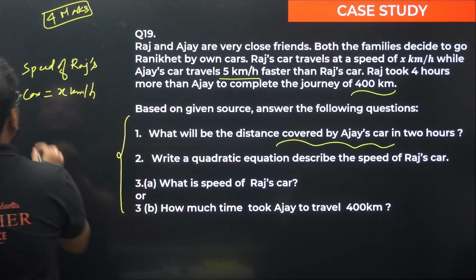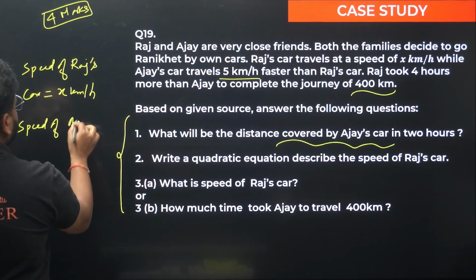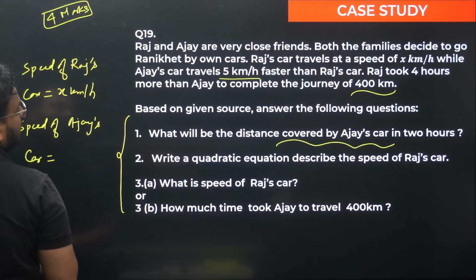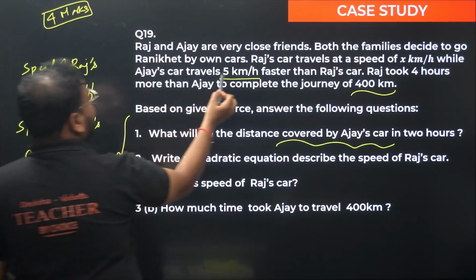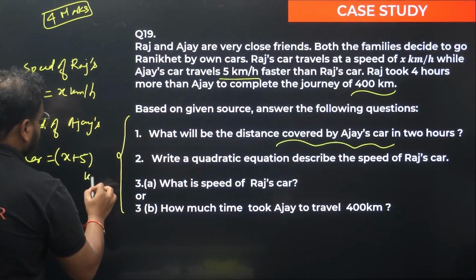Then speed of Ajay's car. Please check. Ajay's car will become what? x plus 5, because Ajay's car is 5 km per hour faster. x plus 5 kilometers per hour.